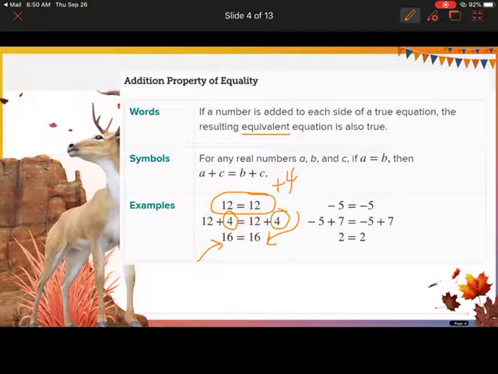If we agree -5 equals -5, and I add the same number, no matter what the number is, here we chose 7, to both sides, my answer becomes 2 equals 2. Do we agree 2 equals 2? Yes, so that's where we say we can add to both sides of an equation and not change the equation. It keeps it true.